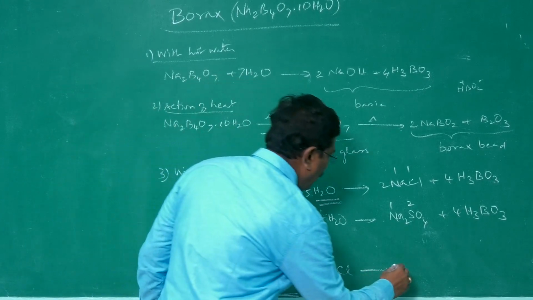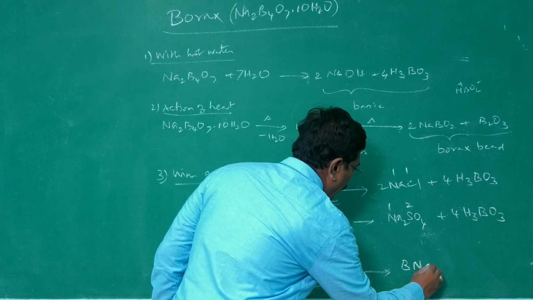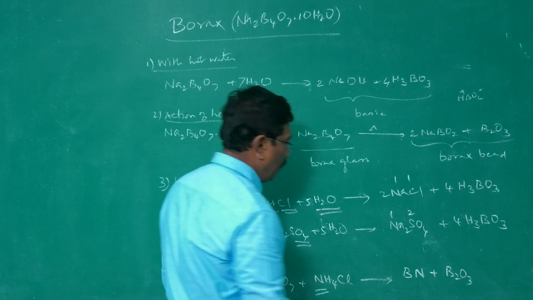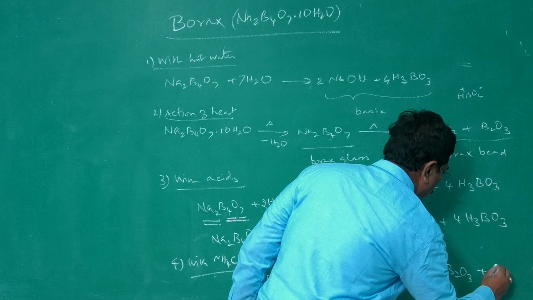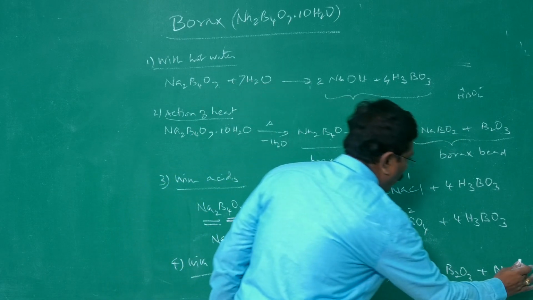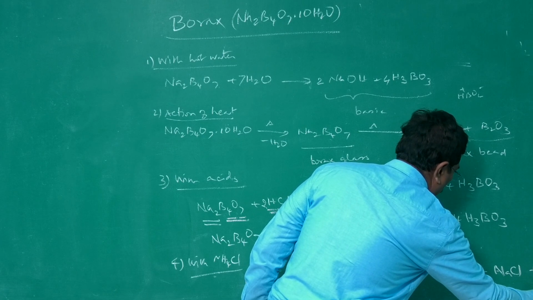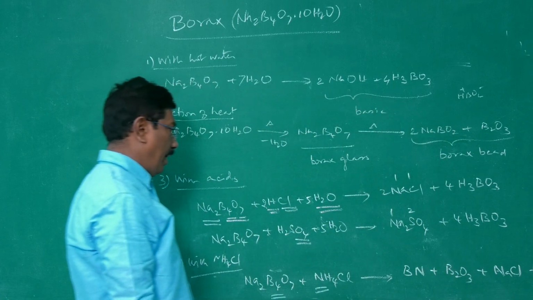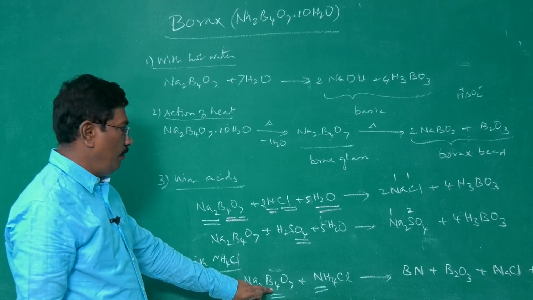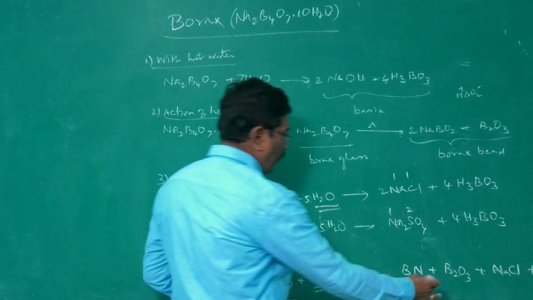So BN is boron nitride, boron trioxide B2O3, and then sodium combines with chlorine to become sodium chloride, and then excess hydrogen will go as water. So these are all the products. Major products you should remember: boron nitride, boron trioxide. So 4 boron we have, 2 in the form of boron trioxide.